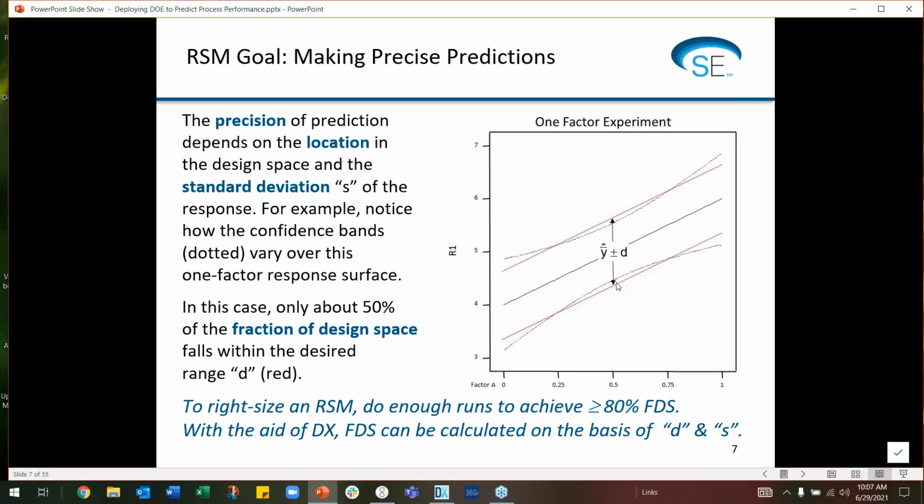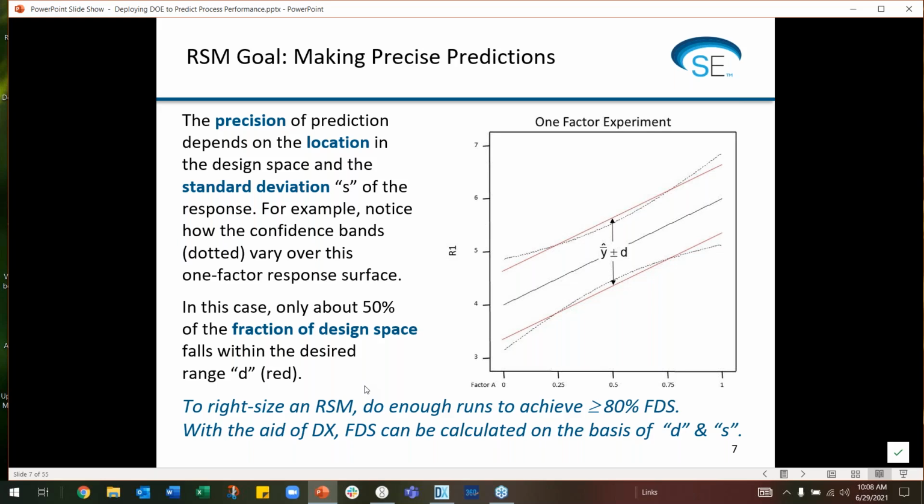But you can see D is generally considered constant over the design space, whereas the confidence interval is not constant. So the place where they overlap, right about here, from roughly 0.25 to roughly 0.75, that middle area of the design space is being estimated precisely enough, whereas the edges are not.